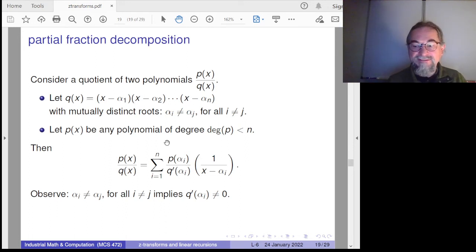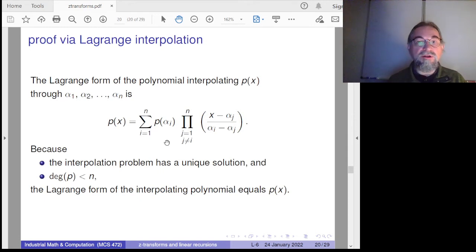Where does numerical analysis come in? Well, Lagrange interpolation. In numerical analysis, we have seen Lagrange interpolation at several points. Here we see it again. Note that if you have not taken numerical analysis yet, don't worry. This part is self-contained.